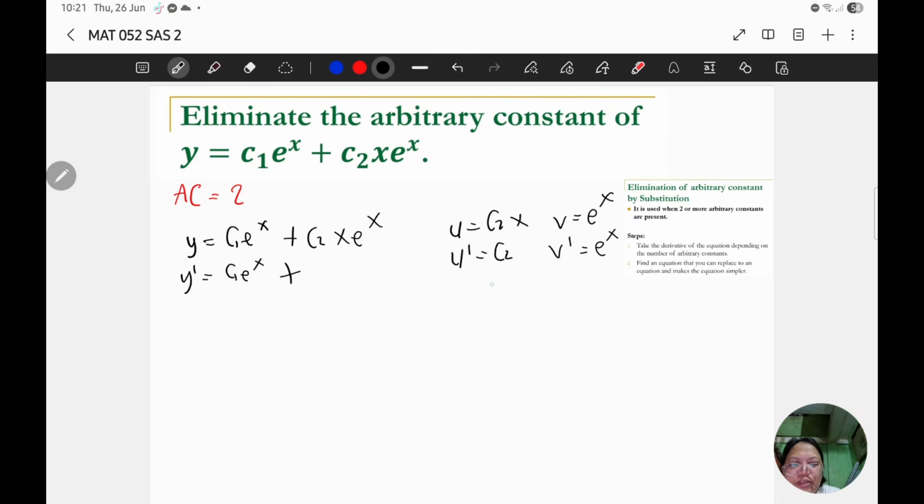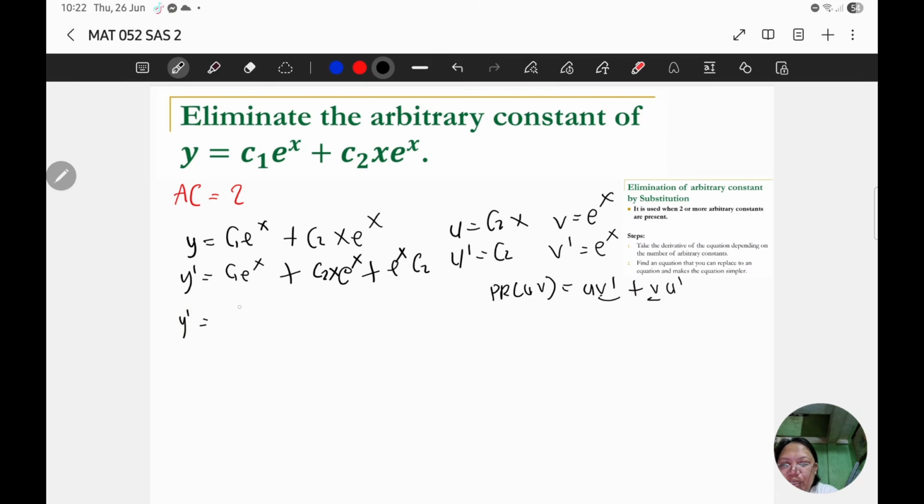Then using the product rule of u times v, we use the formula u v prime plus v u prime. So write down first u, that is c sub 2 x, multiplied by v prime, which is e to the x, plus v, which is e to the x, multiplied by u prime, which is c sub 2.